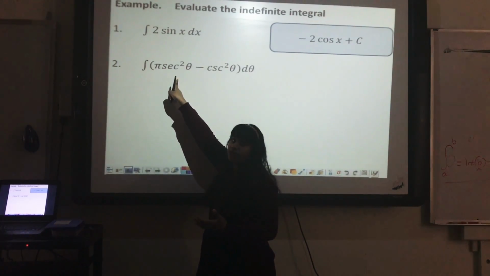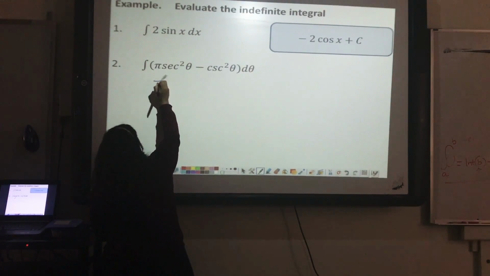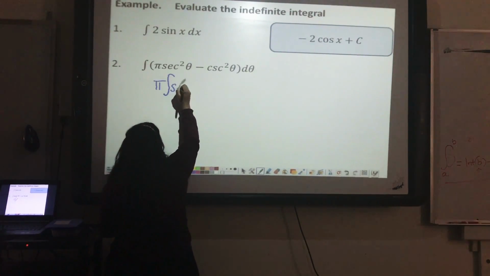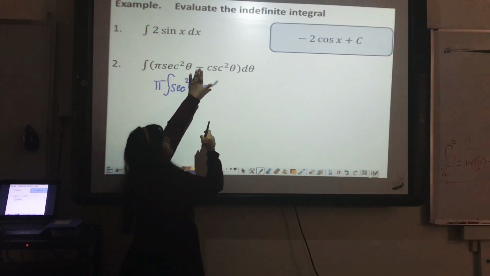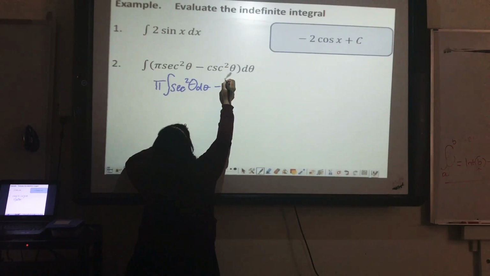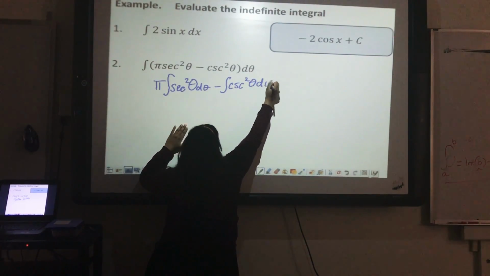So I'm going to rewrite this as pi times the integral of secant squared theta d theta, minus the integral of cosecant squared theta d theta.